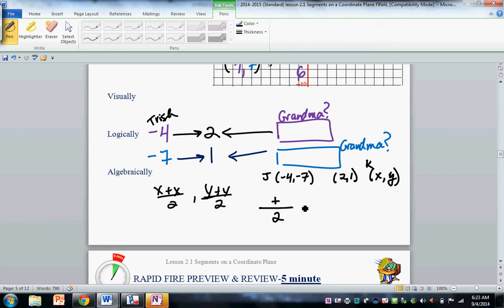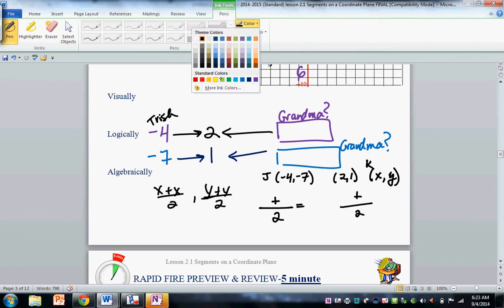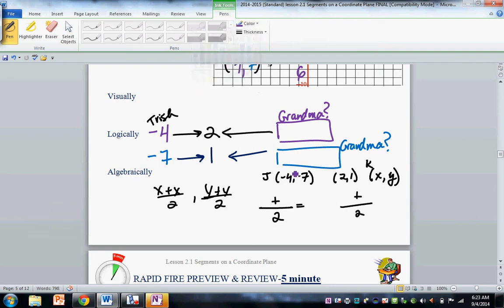So it looks like this. We add the x's, which is going to be -4 plus unknown x, over 2, gives us the midpoint of 2. Very important that 2 is the midpoint. Is, that's an equal sign. And then here, our y's would be -7 plus y over 2 is 1.